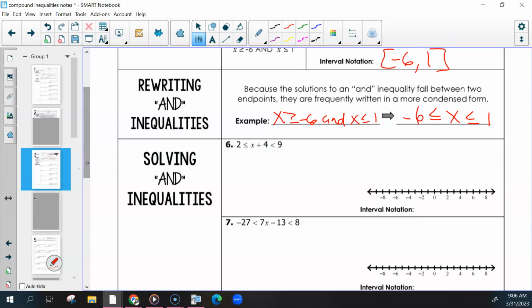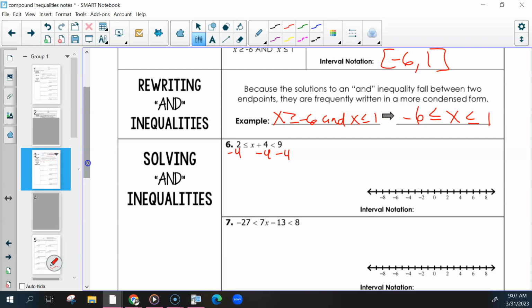So we'll do a couple of these and then move on to the next, unless you want to see another before we move on to the next. So start with this first one. When you solve these, you do everything to everything. So if I'm trying to get x by itself, I have to get rid of this 4, so I'm going to subtract it everywhere.